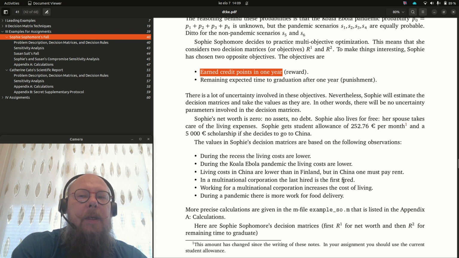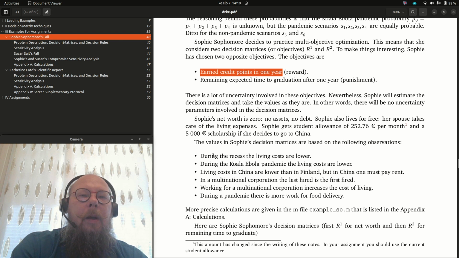So in the recession case, it's possible that you get fired. Working for a multinational corporation increases the cost of living. So this is the kind of general idea. If you have more money, you are expected to spend it more also. And during a pandemic, there is more work for food delivery, because people are quarantined, so they need food delivered.